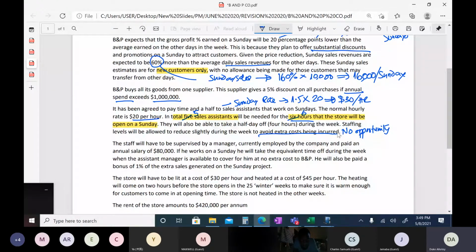Now, it says the staff will have to be supervised by a manager currently employed by the company and paid an annual salary of 80,000. Okay.